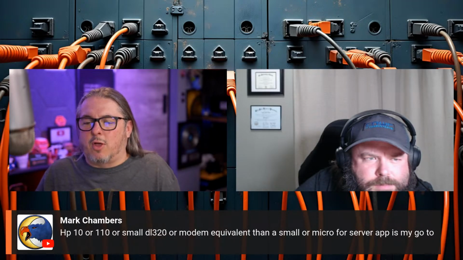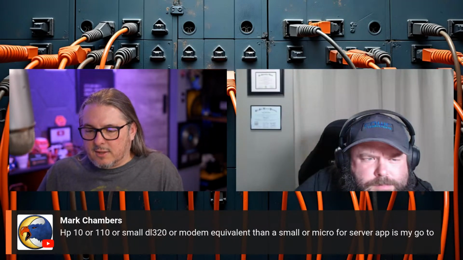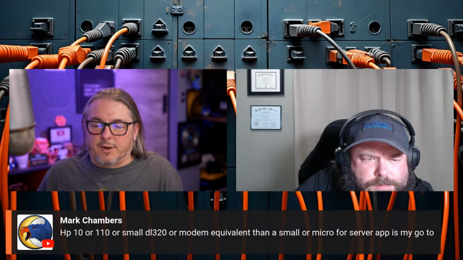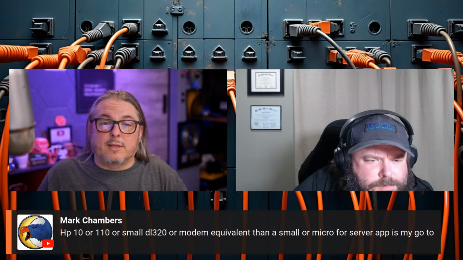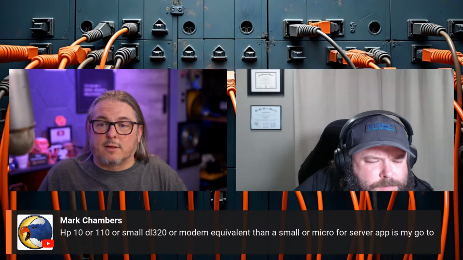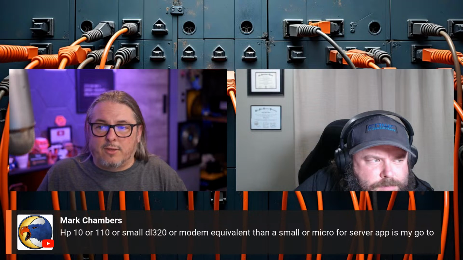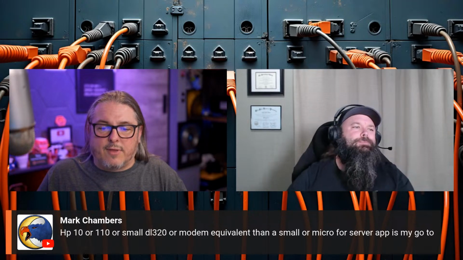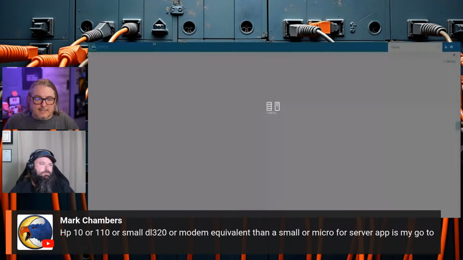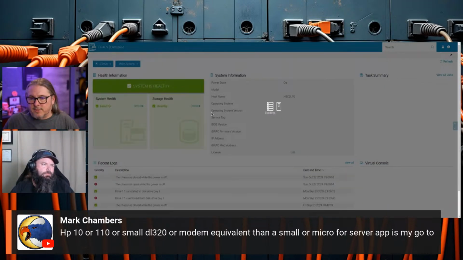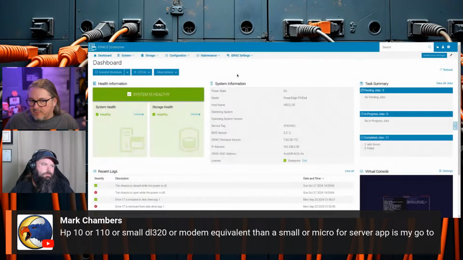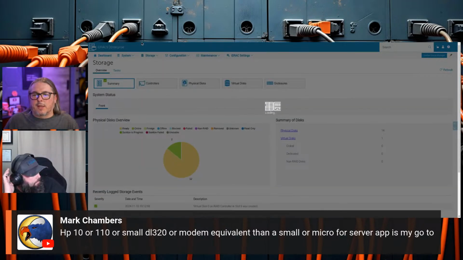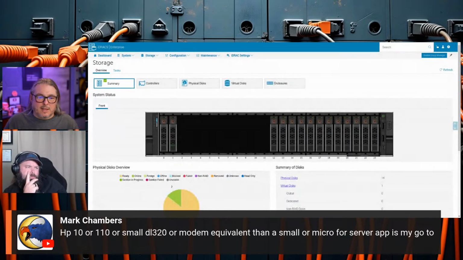HP ProLiant 110 small, DL320 or modern equivalent. Yeah, I don't like the HP servers much, but you can sometimes find them for cheap. Off-lease Dells are great. One of the things about Dell that's so nice is the iDRAC. It's licensed, not continuous licensing. So when you go into the Dell iDRAC, this is a used server we bought, and it works fine. There's nothing I have to worry about, like, oh no, will it work? HP has so many stupid licensing rules, even around firmware updates.